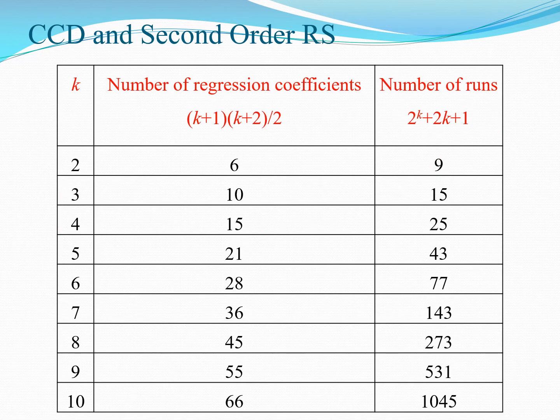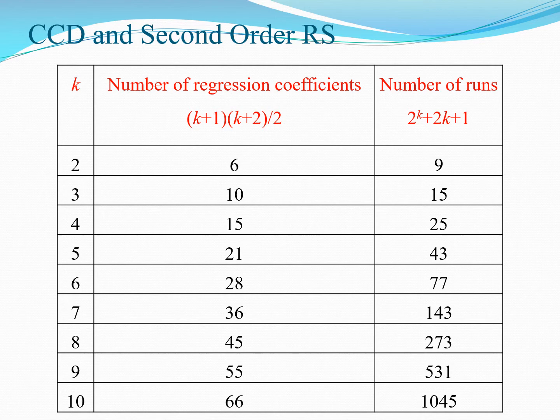So we can see some aspects of this in the CCD if we are trying to develop a quadratic response surface. Here I have given several values of the factor k, and also the number of regression coefficients and number of runs.